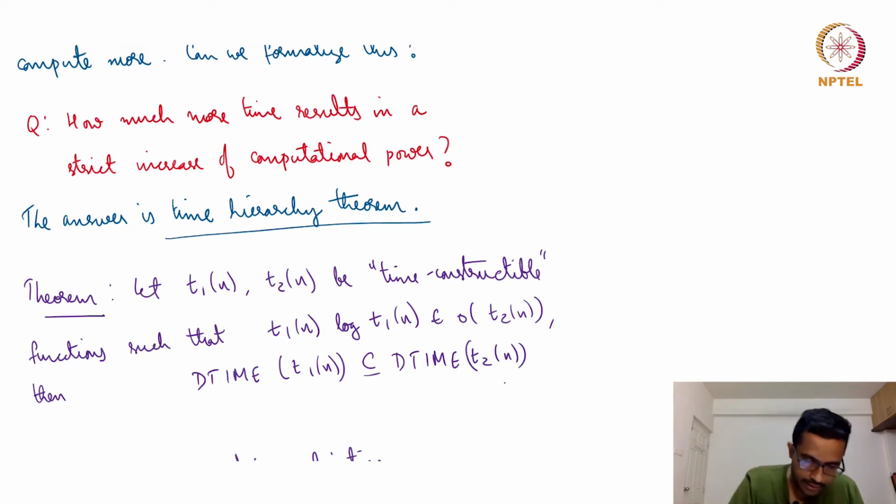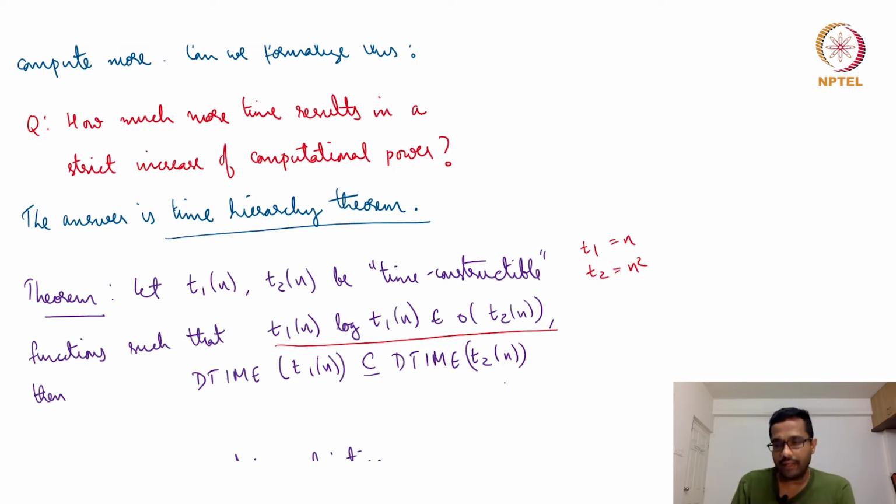What we are saying here is that T1 has to be little o of T2, and not just that: we want T1 log T1 to be little o of T2. For instance, let's say T1 is n and T2 is n squared.